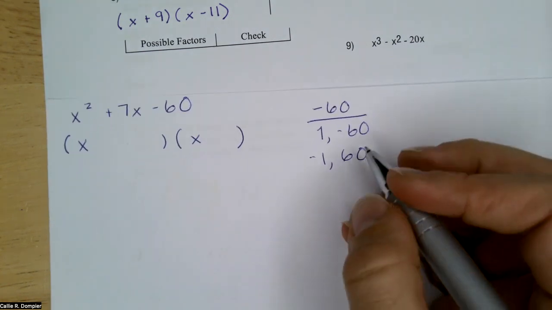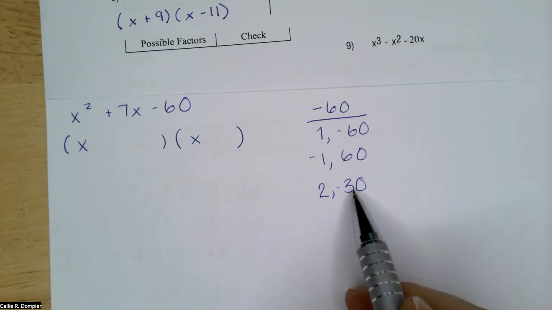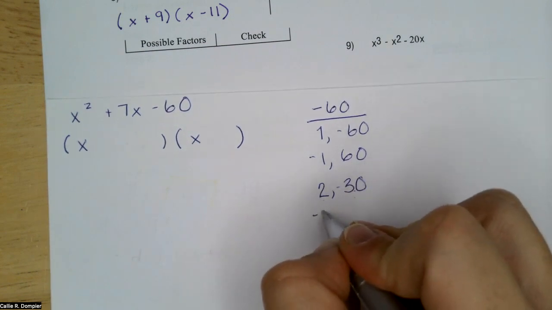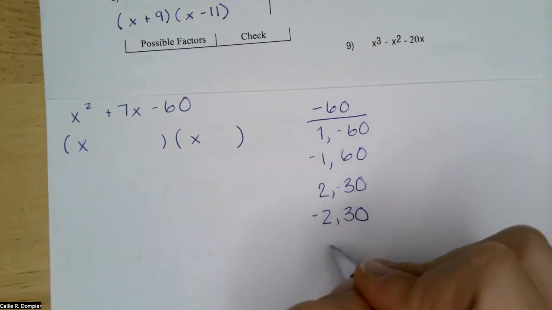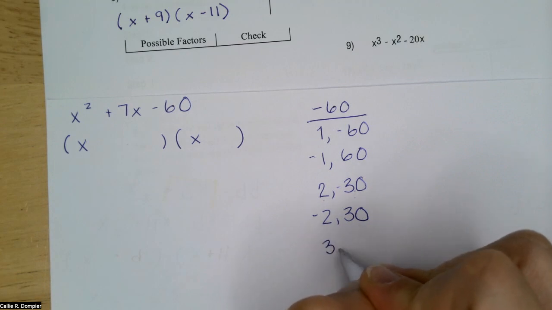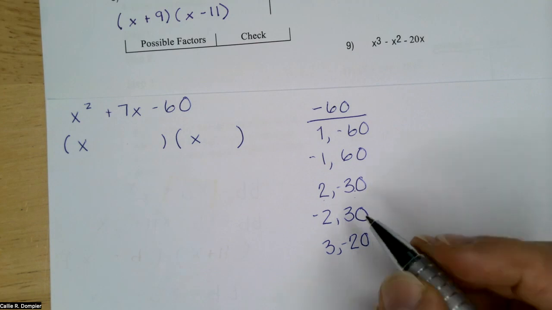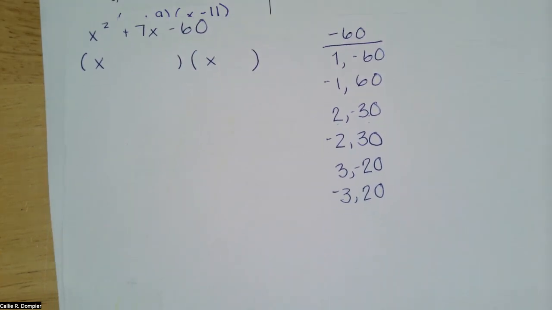Negative 60 divided by 2. 30 times 2 is 60, so negative 30 times a positive 2 is negative 60. Negative 2, positive 30. Good. Divide 60 by 3. I think you get 20, right? Positive 3, negative 20, or negative 3 times a positive 20 will give me a negative 60.